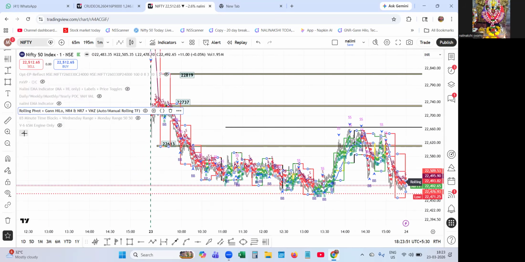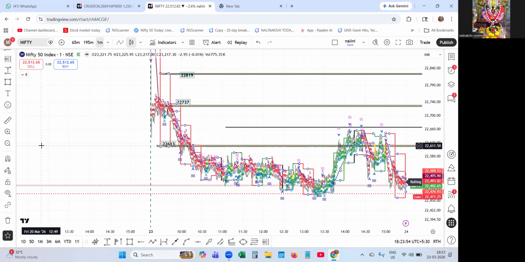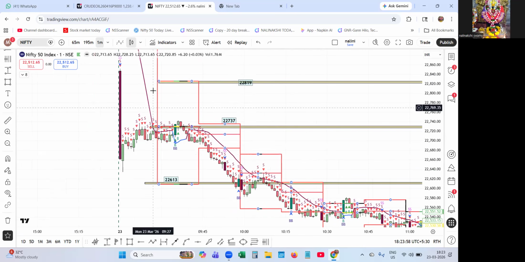That is the idea for getting the pivot box. We are getting this box immediately after the first 15 minutes. You are getting a box, you are marking that, and you see how on 1 minute itself, with confidence, you can take the trade.